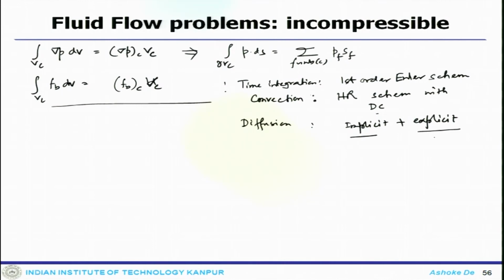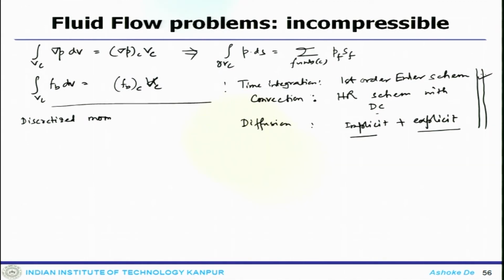Then the discretized momentum equation would look like this. By the way, one has to note that all these discretization processes we have done separately, and that is why I have been telling you that when we come down to the fluid flow solver, the individual component integrations and discretizations are taken care of.